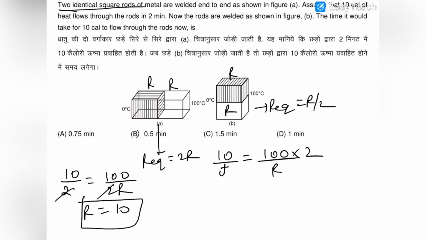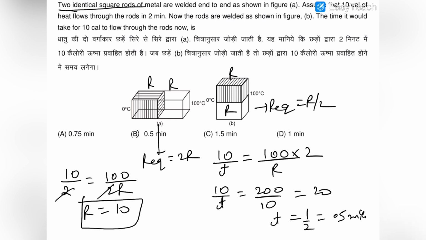Okay, so the value of R is 10, we have already calculated. So 10 by T will be 200 by 10, and that is 20. So the T will be half. So it is equal to 0.5 minutes. Okay, so the correct answer would be option number B.